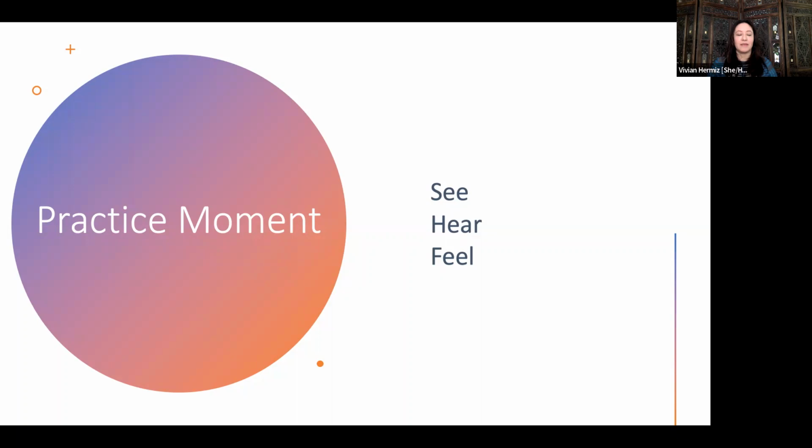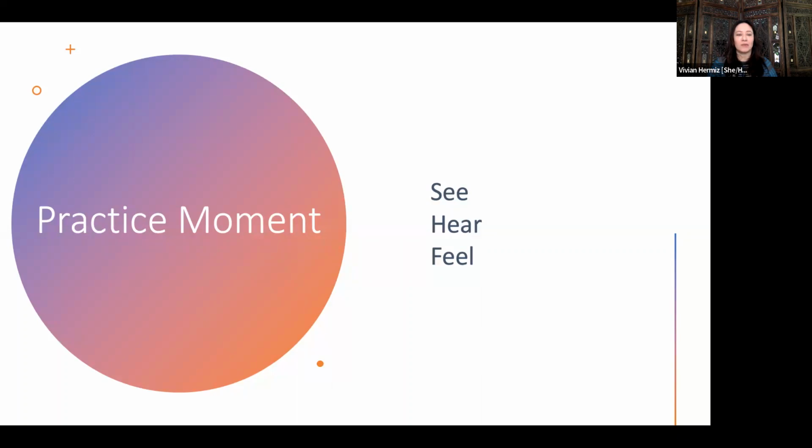And since we've refined our experience of see, hear, feel, we can now practice by opening ourselves up to whatever is calling our attention and begin to label it as a see, whether it's in your mind's eye or from the external world.